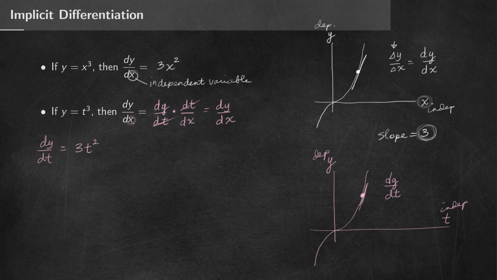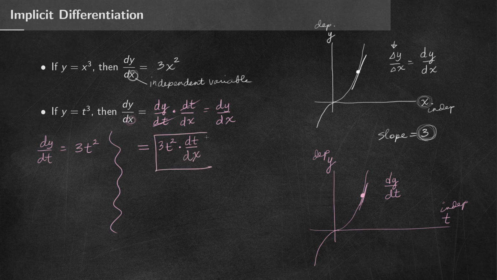So dy dx in this case is equal to dy dt, which I know is 3t squared. That's the derivative of y with respect to the variable t, times dt dx. And dt dx, I don't know the value of, so I'm just going to write dt dx.